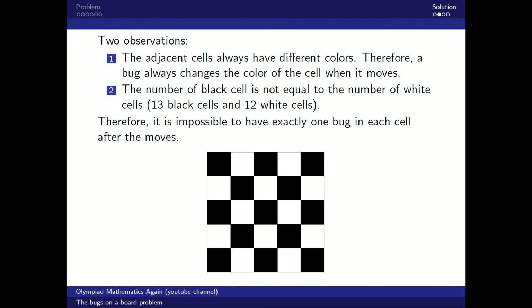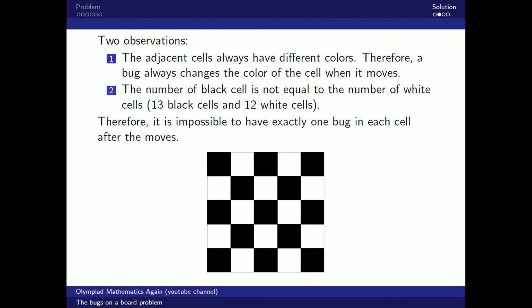Because each bug changes the color, but we have 13 black and 12 white cells. So initially we had 13 bugs in black cells and 12 bugs in white cells. After the move, the 13 bugs that were in black cells will now be in white cells.